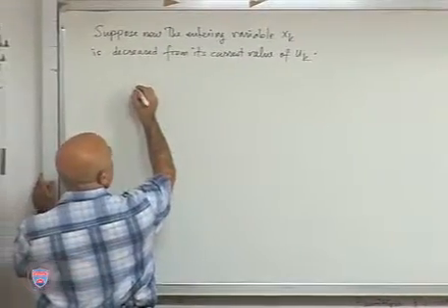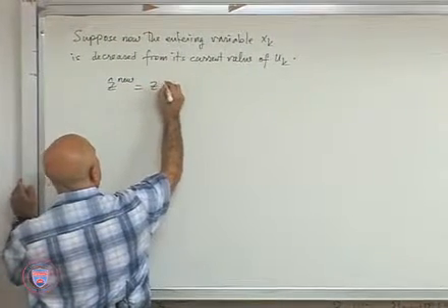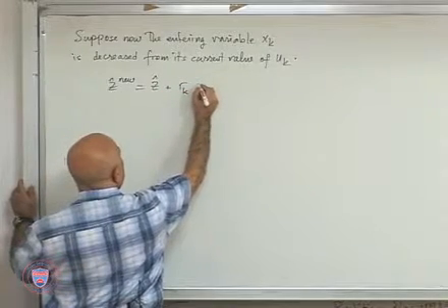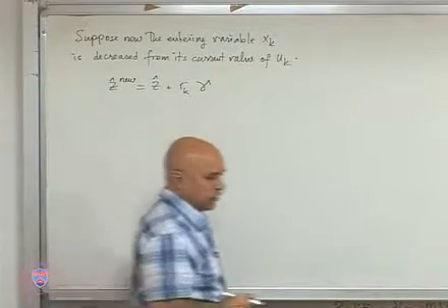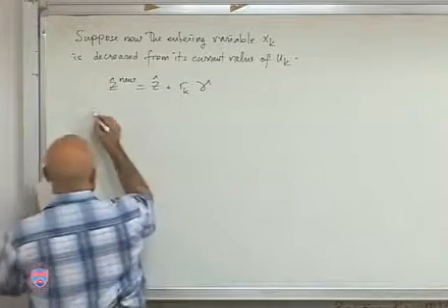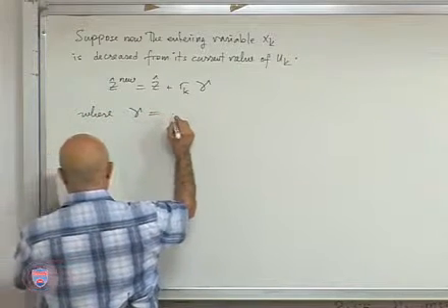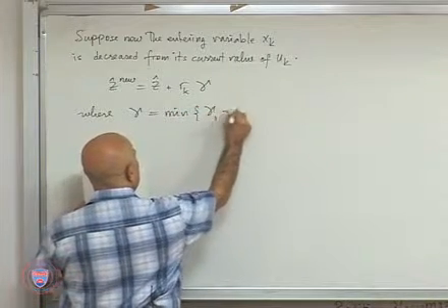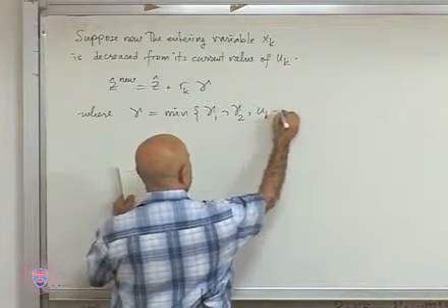So in this case, z cap new will be the old one plus rk times gamma, where gamma is the new value of the variable. How do you compute gamma? Well, again, you look at the minimum of gamma 1, gamma 2, and gamma 3, which is Uk minus Lk.